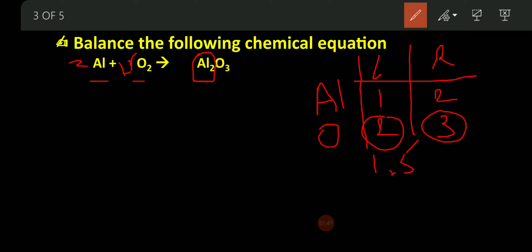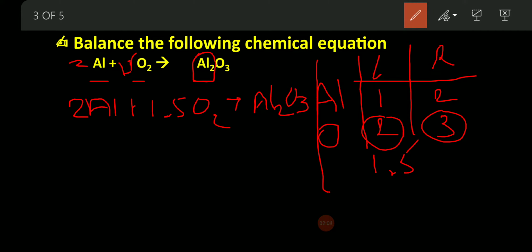I can write it like this: 2 aluminium plus 1.5 O2 gives Al2O3. So this chemical equation is balanced. But now you can see that 1.5 is there, so we want to remove the fraction.